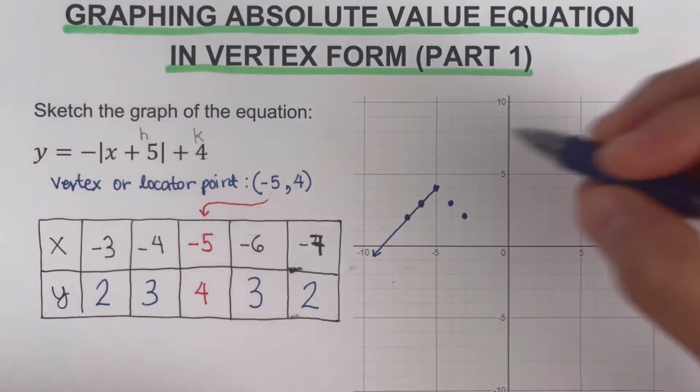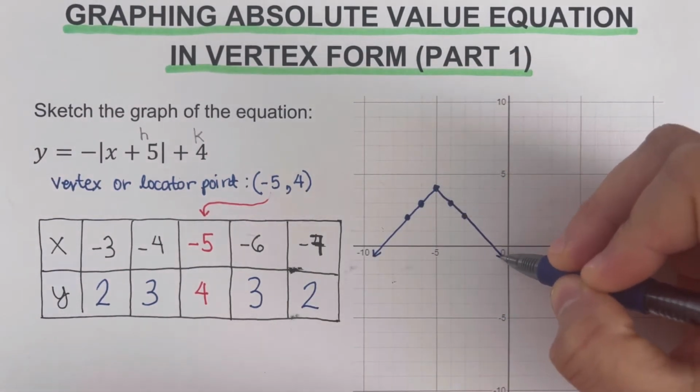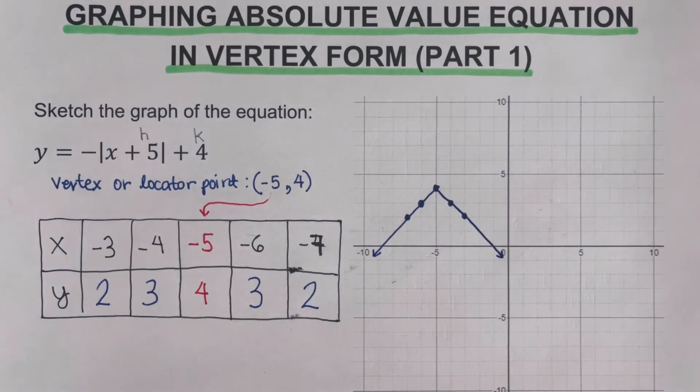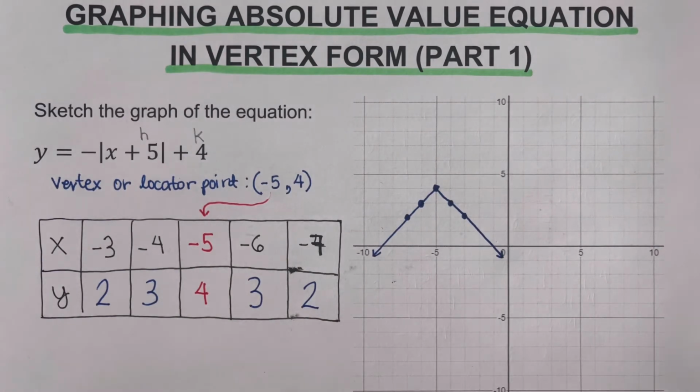Now we remember that if we say absolute value equation, it's going to have a letter V-shaped graph. So the difference between absolute value and quadratic or parabola is that a parabola is like a letter U, but this one here is like a letter V. And so we go ahead and determine the domain and the range for this.